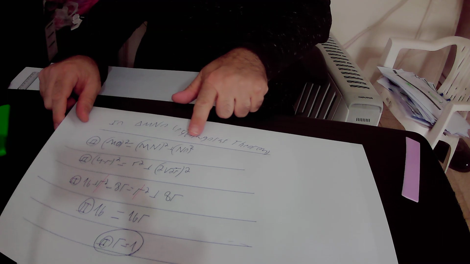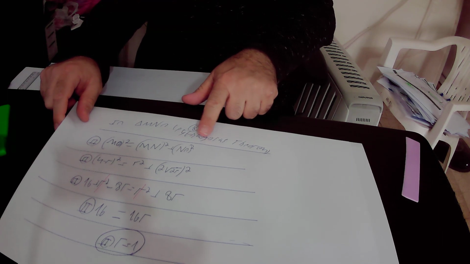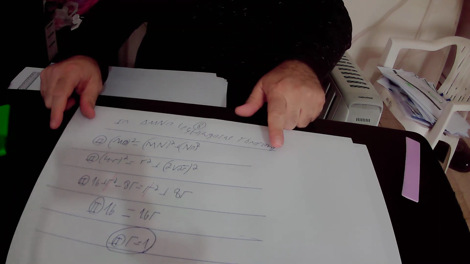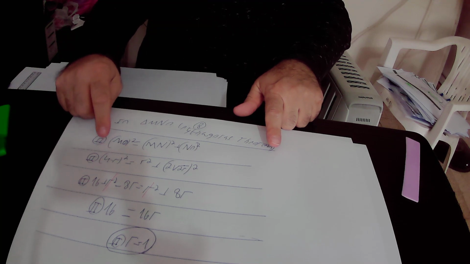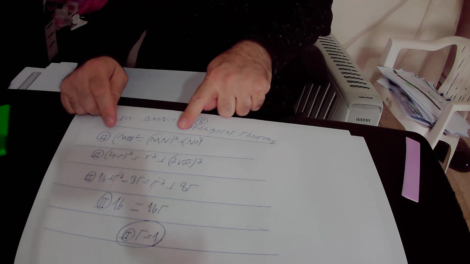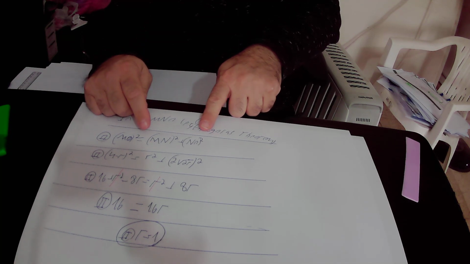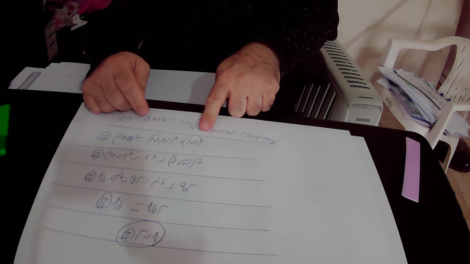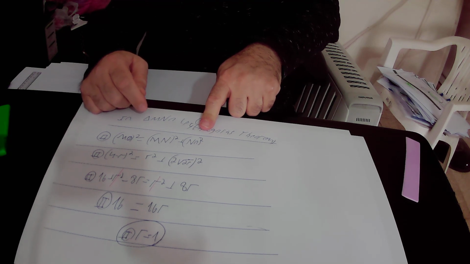It equals MN square plus NO square. MO equals 4 minus R, so MO square equals (4 minus R) square. MN equals R, so MN square equals R square. NO equals 2 times the square root of 2R, and NO square will be equal to (2 times the square root of 2R) square.